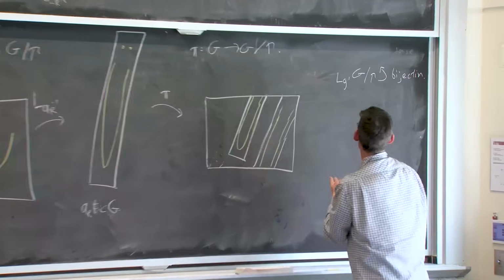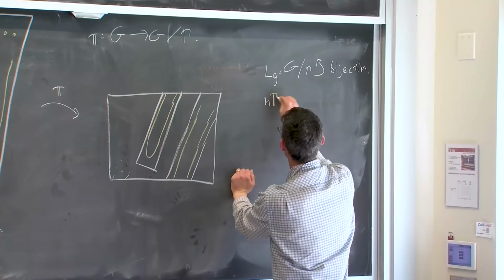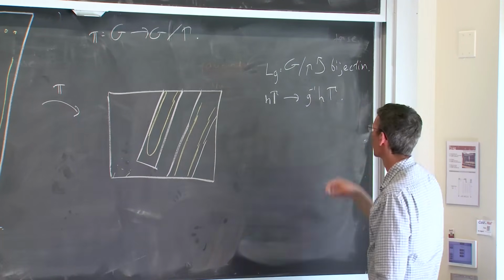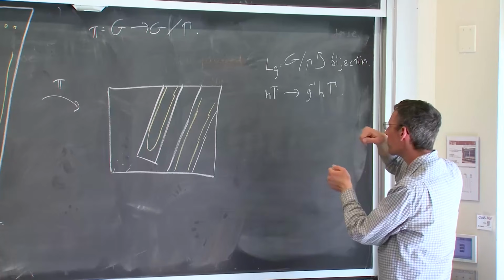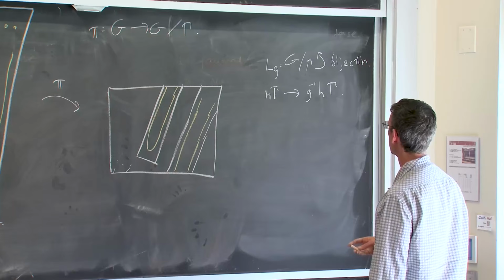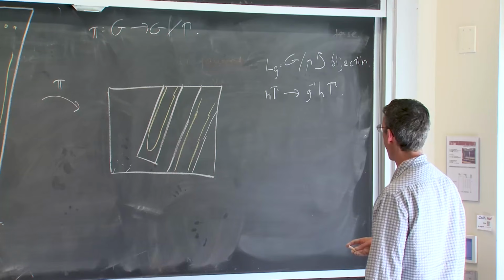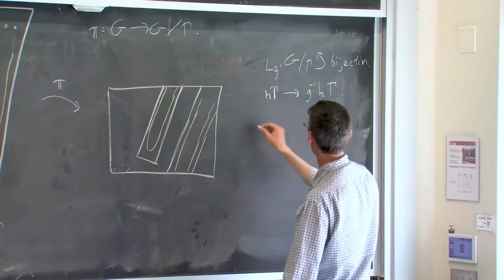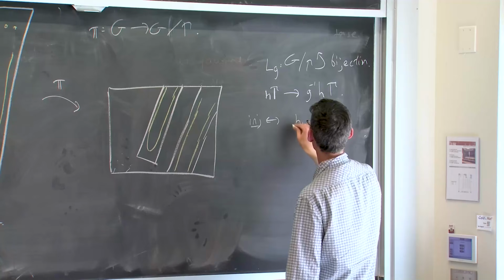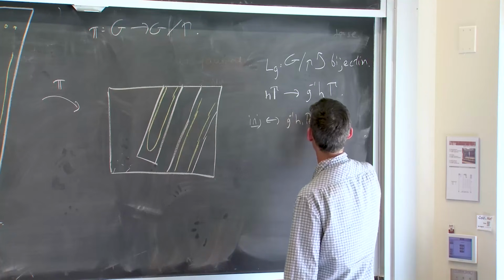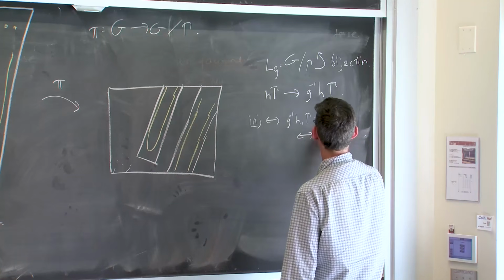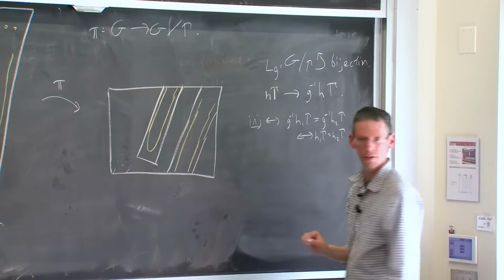OK, now why was this a bijection? So what is this map? It's the map H gamma goes to G inverse H gamma. So why is this a bijection? Right. So it's injective. That means that if G inverse H1 gamma is equal to G inverse H2 gamma, then H1 gamma equals H2 gamma. That's what it means for it to be injective.